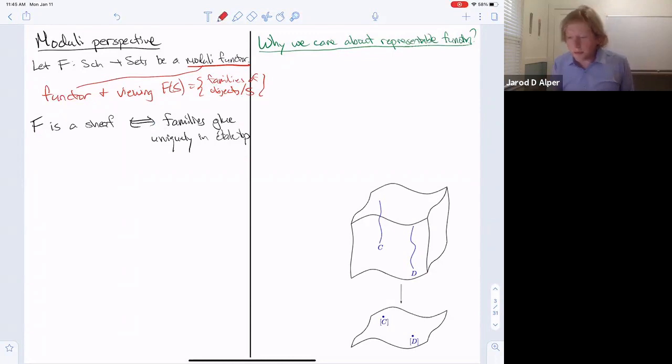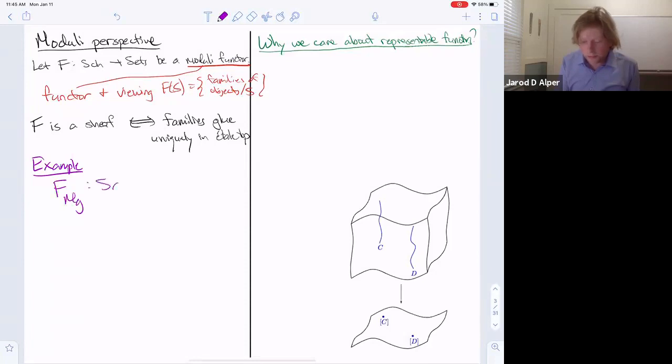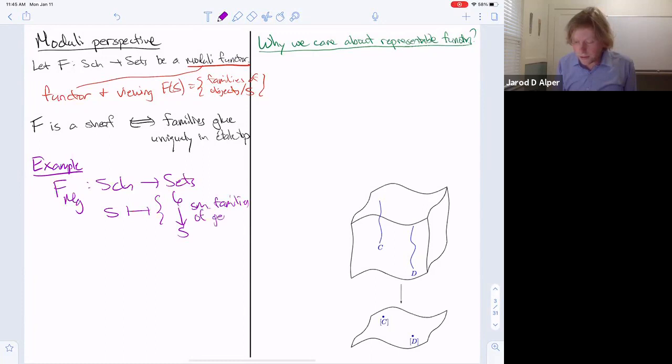And our main example that we saw last time was the functor of smooth curves. So I wrote that as F and G, where to a scheme S, you could consider smooth families of genus G curves.